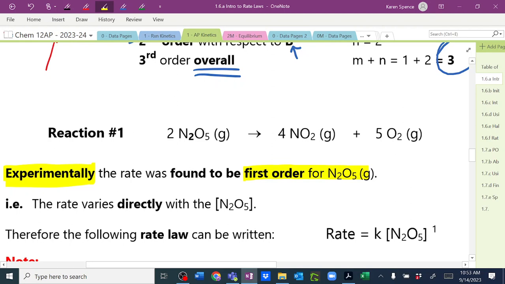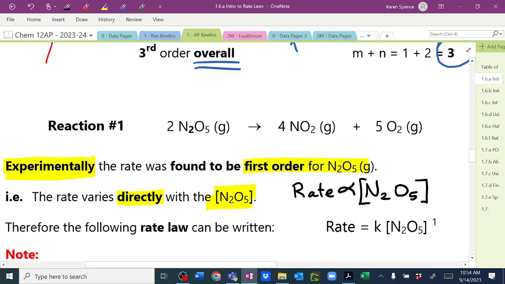That means that the rate varies directly with N2O5. In other words, the rate is proportional to the concentration of N2O5. And we can write the rate law.